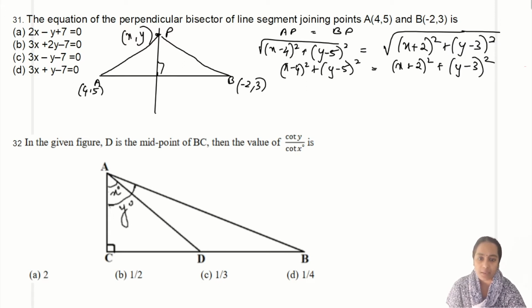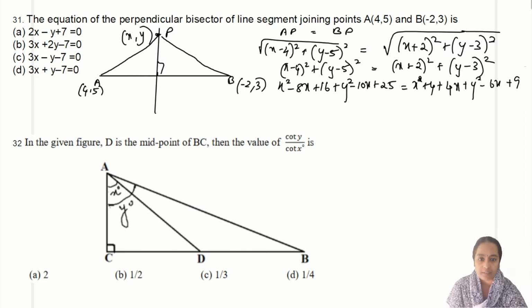I have x square minus 8x plus 16 plus y square minus 10y plus 25. Right hand side I have x square plus 4x plus 4 plus y square minus 6y plus 9. So what happens, student, here? X square, y square on either side of the equation is getting cancelled. Then I have minus 8x, minus 10y. 16 plus 25 is 41.